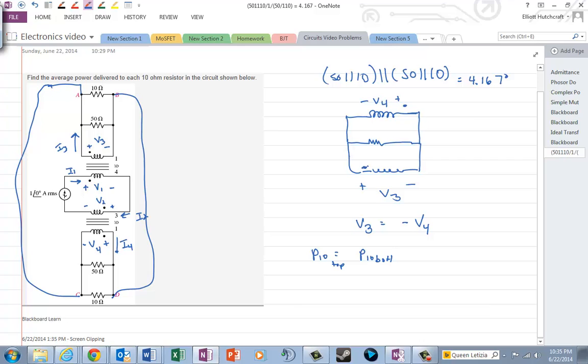We also know that, what did we have? We called this I3 coming out of the dot here and I4 coming out of the dot there. And this was our 4.167 ohms.